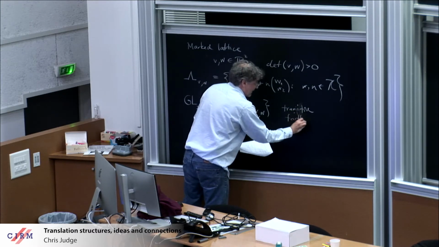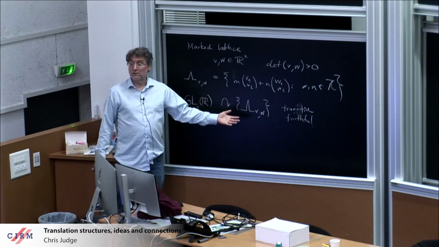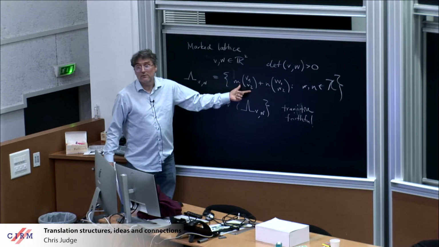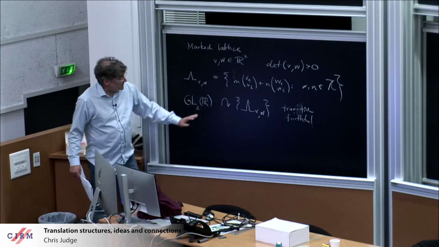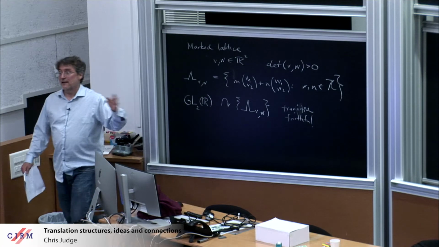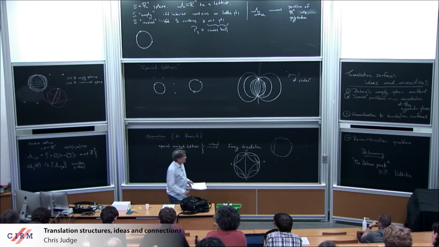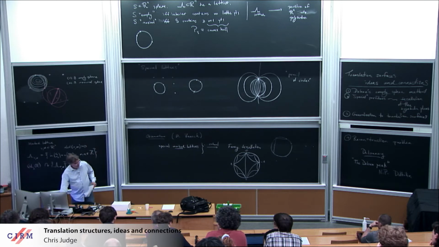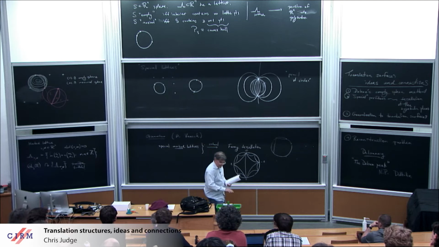So this action gives you an identification, because the 2 by 2 matrices act on vectors by matrix multiplication, and you can get from any lattice any other lattice by acting by one of these. Now, on the other hand, you can think of, is there? Oh, I should use this. This is cool.